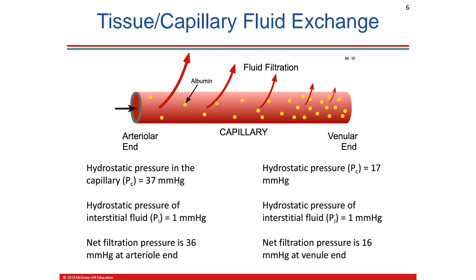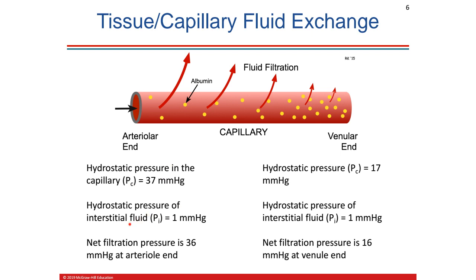The next thing we're going to do is calculate the hydrostatic pressure difference between the fluid within the capillary and the fluid outside of the capillary. The hydrostatic pressure in the capillary is P sub C, which stands for pressure within the capillary, and that's 37 millimeters of mercury.